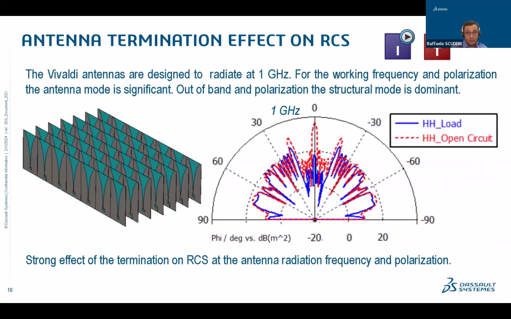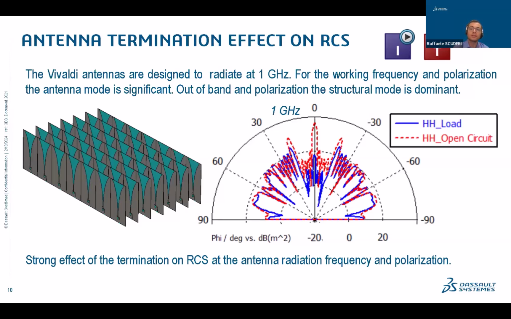A very special behavior can be observed when we study the RCS of an antenna. In fact, an antenna is a device which is designed to radiate the electromagnetic field in a certain frequency band. And in order to do that, normally it is connected to a feeding network, with all the impedance, the relevant circuit, etc. And this leads to the so-called antenna mode and structural mode.